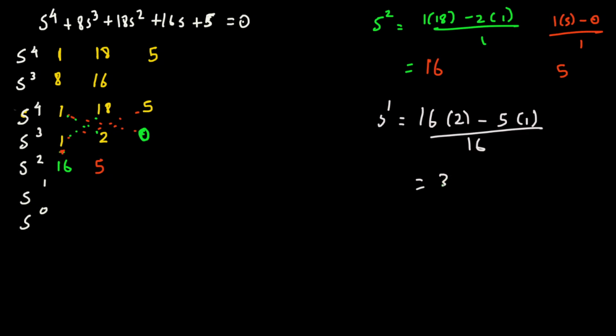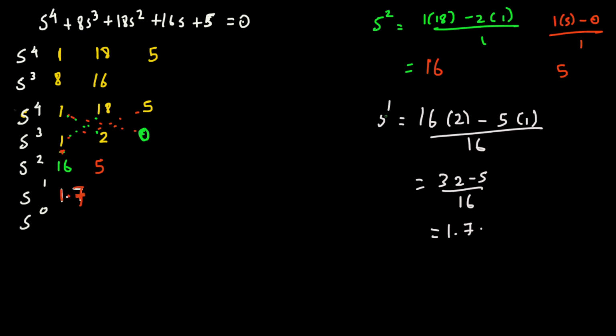That is 32 minus 5, divided by 16. If you calculate that value, you will end up getting 1.7 here. Maybe I use a red color to represent it. So 1.7 here, and then lastly we have s^0.